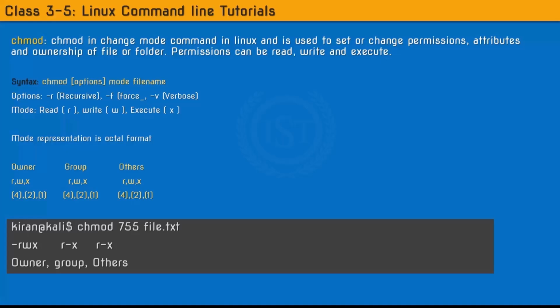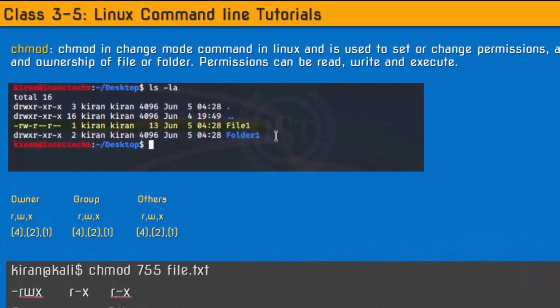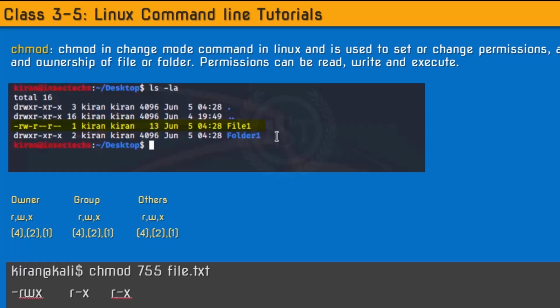Now if you see in the slide, there is the command ls -la, long listing with hidden files. At first you are seeing total 16, then below that drwxr-xr-x. What is this? Basically, if you look at folder1 or file1, let us take file1. For file1 there is a hyphen, then rw-, then r--, then r--.